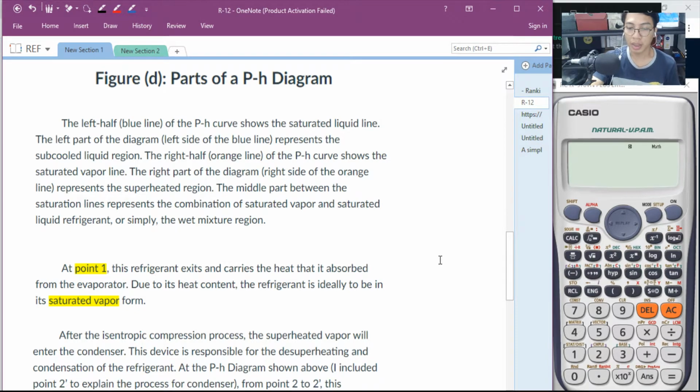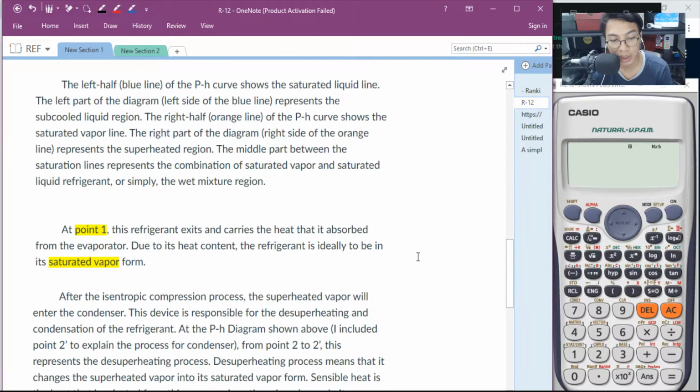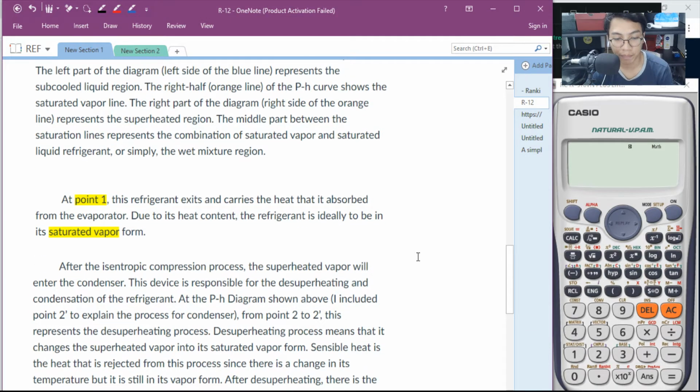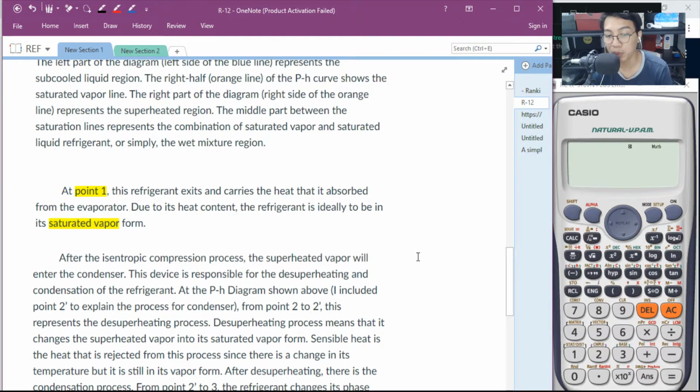Now, after isentropic compression in your compressor, the superheated vapor will enter the condenser. This device is responsible for the desuperheating and condensation of the refrigerant. Now, as you can see in your pH diagram, from point 2 to point 2 prime, this represents the desuperheating. Ibig sabihin slowly bumababa yung temperatura.